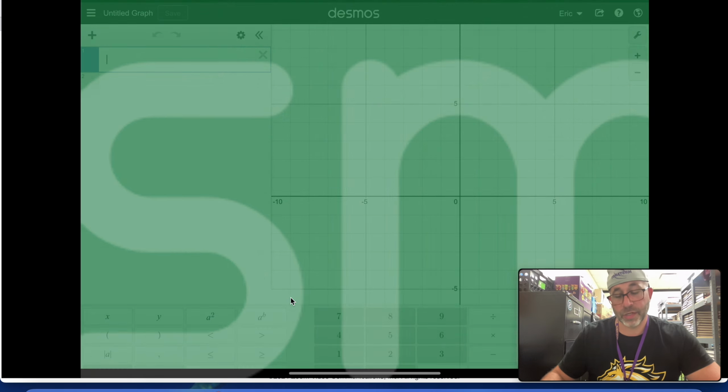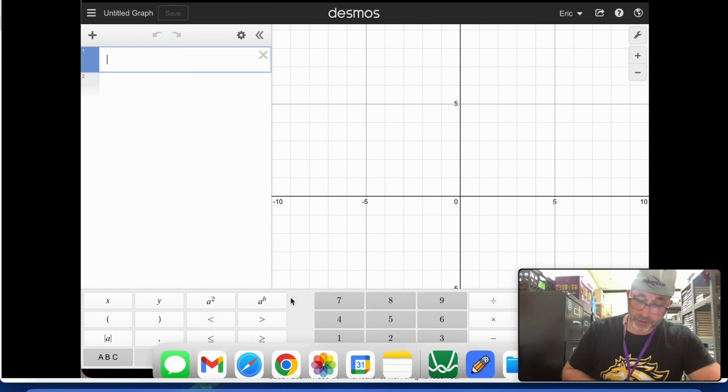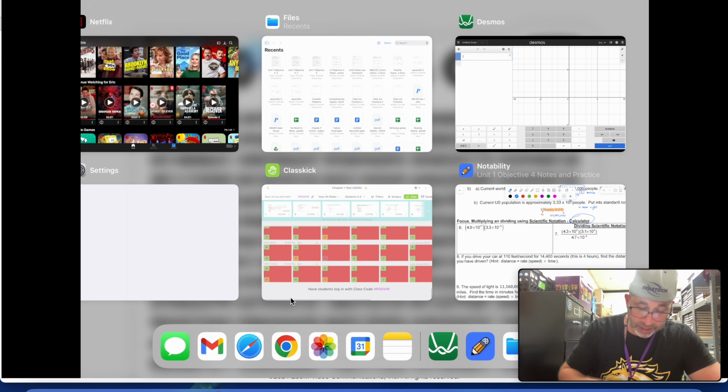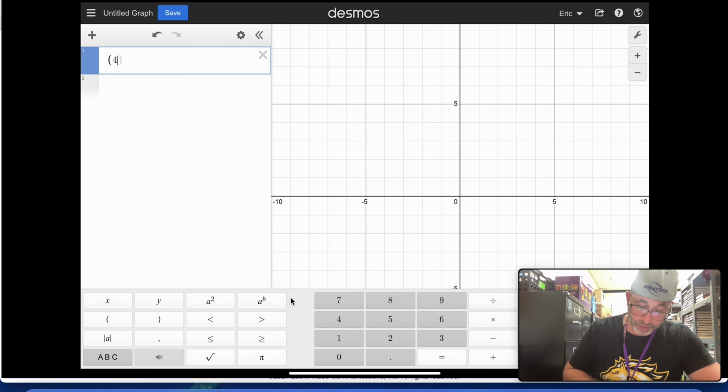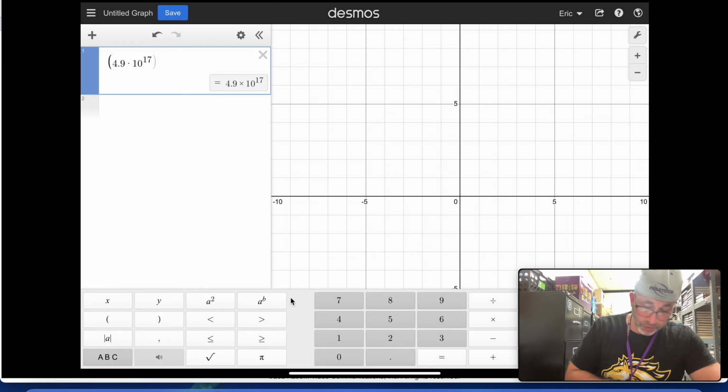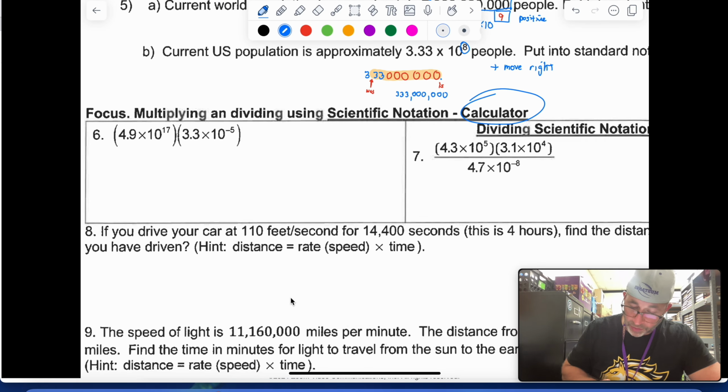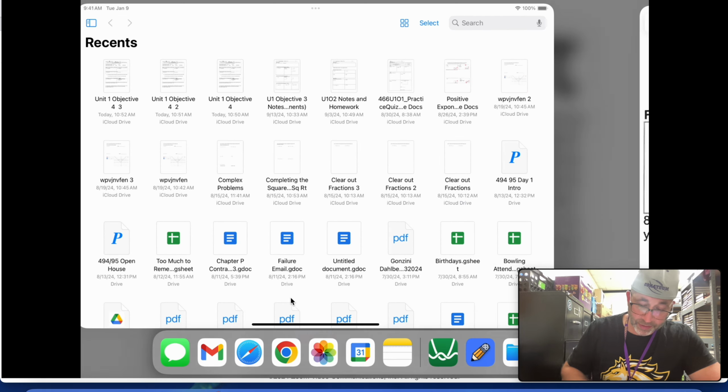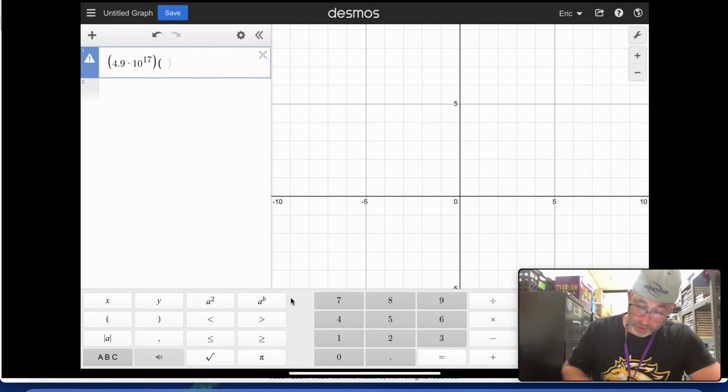Okay, it's good to know. Good to practice. All right, so when we look at Desmos here, the first problem we had was 4.9 times 10 to the 17th power. So 4.9 times 10 raised to the 17th power. Okay. And then we're going to go to the right and we're going to cut this off here. We're going to have 3.3 times 10 to the negative 5. 3.3 times 10 raised to the negative 5.